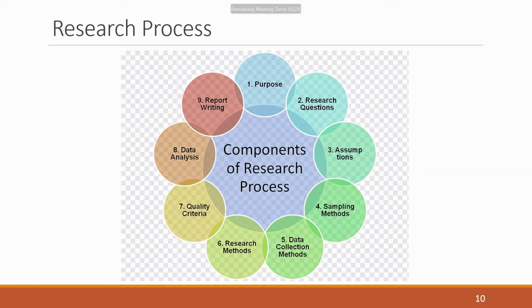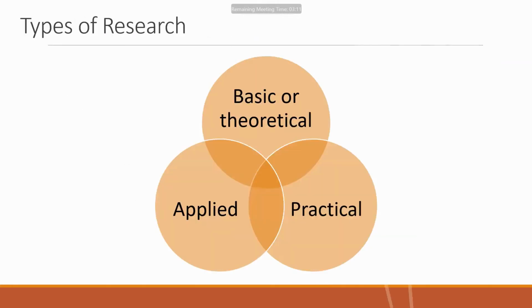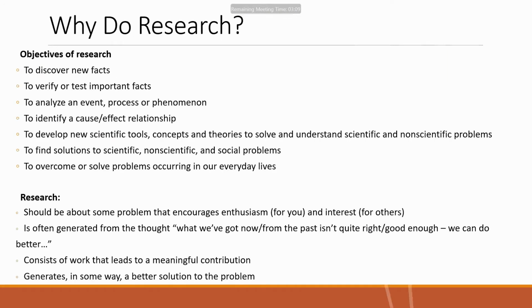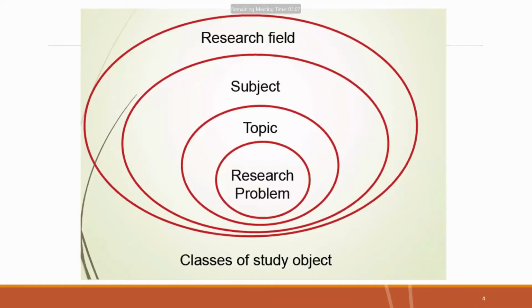So that's why when we do research, especially in step 6, research method, you also have to include a literature review, which is important for your research. And that's why, if we go back to this one, you see here why we have to know the research field, subject, and topic.